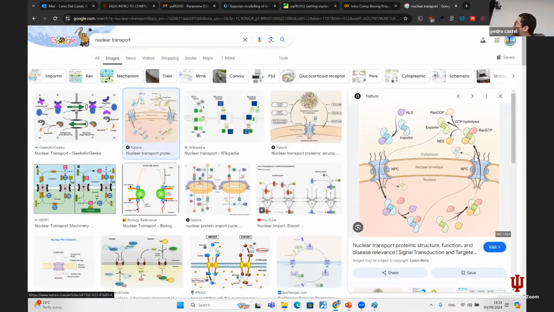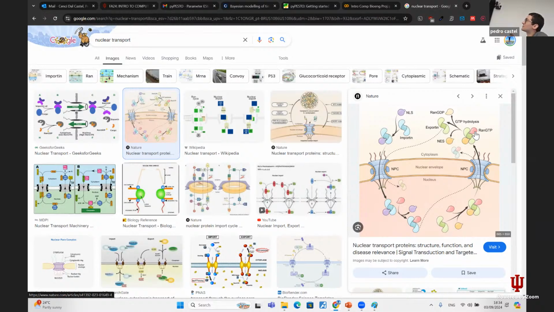It's a passage that just allows proteins to pass that are bound to very specific proteins called importins. And it just allows export of proteins if they are connected to the exporting proteins. So this nuclear pore complex is an intelligent system that allows or not the transport of certain proteins, depending on whether they are connected to these importins or exportins.